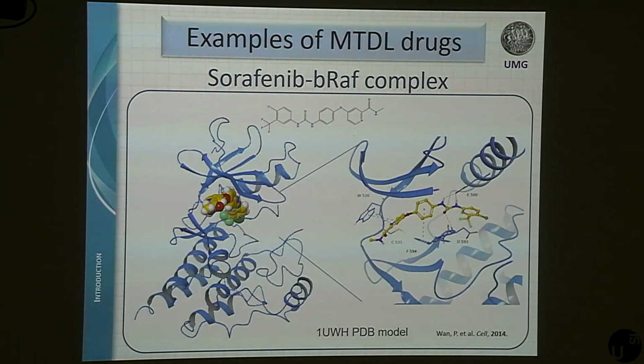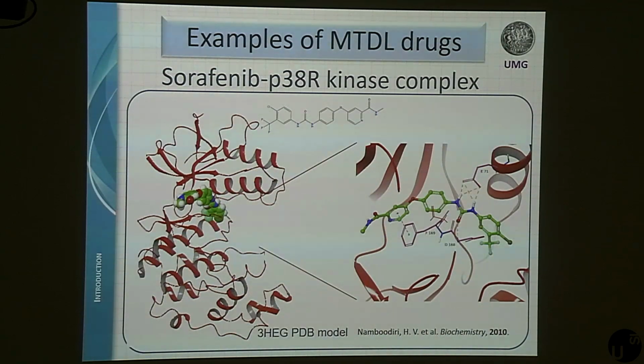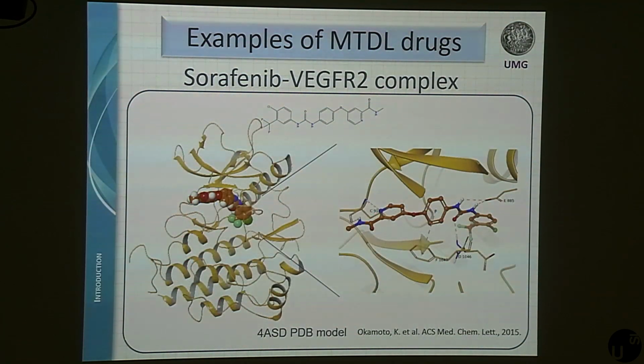By the way, in this case, we also have very important information related to the knowledge of the binding of sorafenib against, for example, the BRAF complex that you see here, and also the P38 kinase complex. So here you have an idea of the deep mechanism of action, and you can compare the different binding modes in order to eventually design a better set of optimized compounds, and again in the case of the VEGF complex.